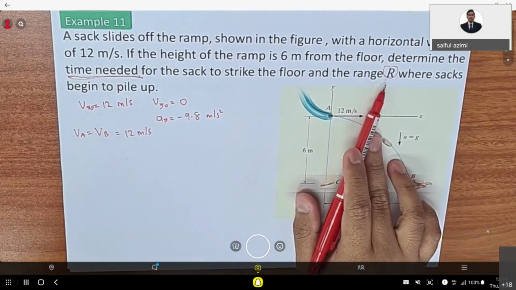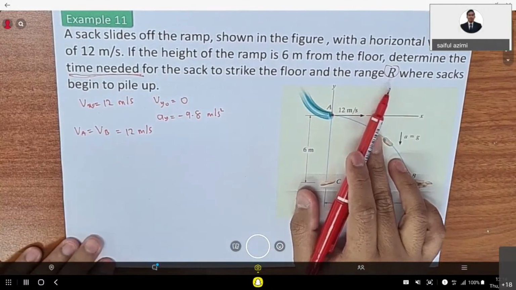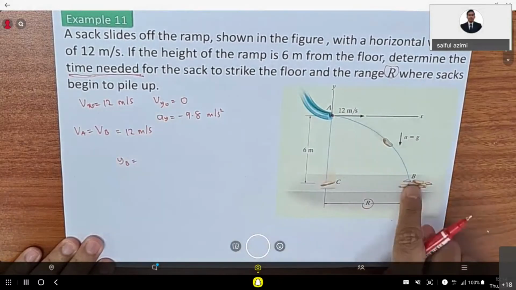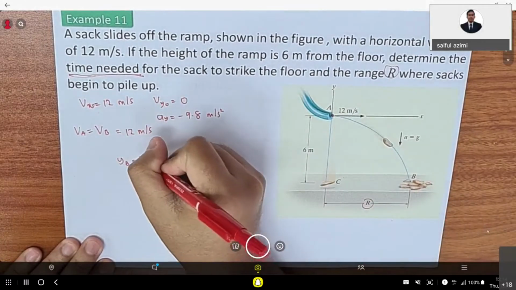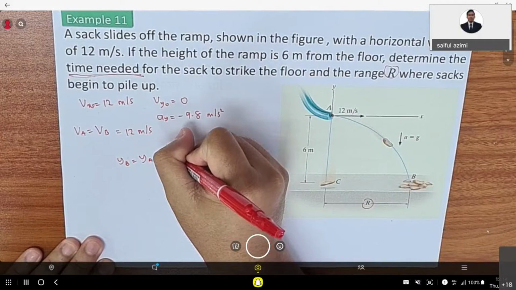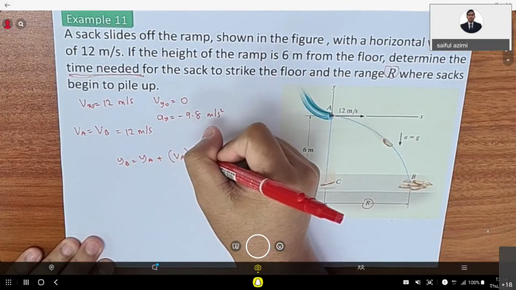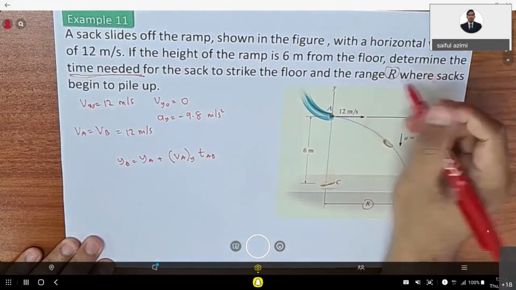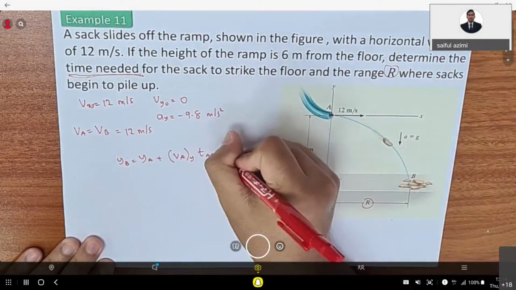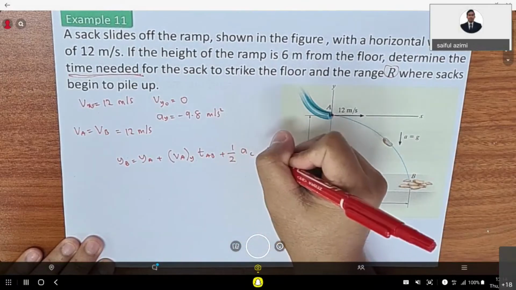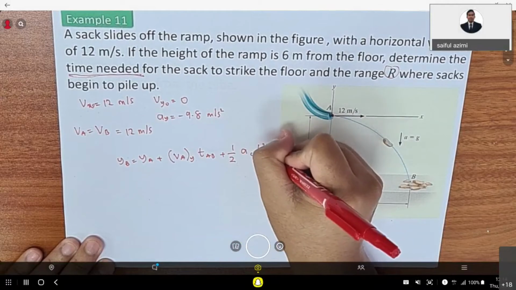So we can use the kinematic formula that we learned in the previous slide. The first formula is YB equals YA plus VAy times TAB, which is the time we want to find from A to B, plus 1/2 a times T squared AB.